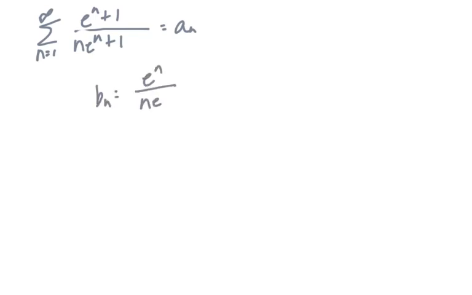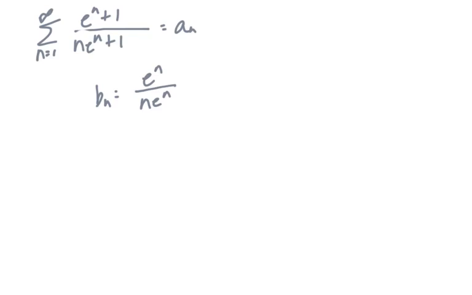Let's do the sum from 1 to infinity. This one says e to the n plus 1 over n e to the n plus 1. So if we let this equal an, and let's let bn be e to the n over n e to the n.